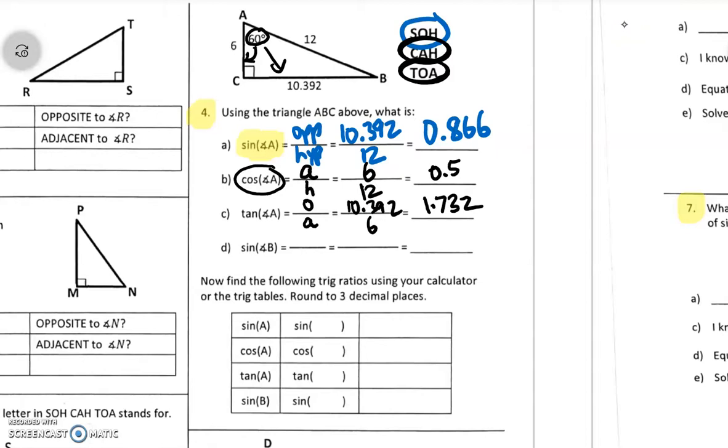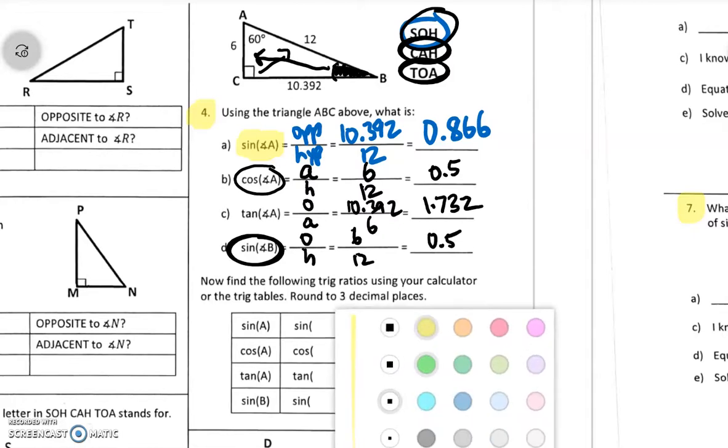Finally, next question is what's the sine of angle B? So let's go find angle B. We can see angle B is this angle right here, down here, the other acute angle. Sine is opposite over hypotenuse, opposite over hypotenuse. The opposite side to angle B is 6. The hypotenuse is 12. 6 over 12, which again is 0.5.